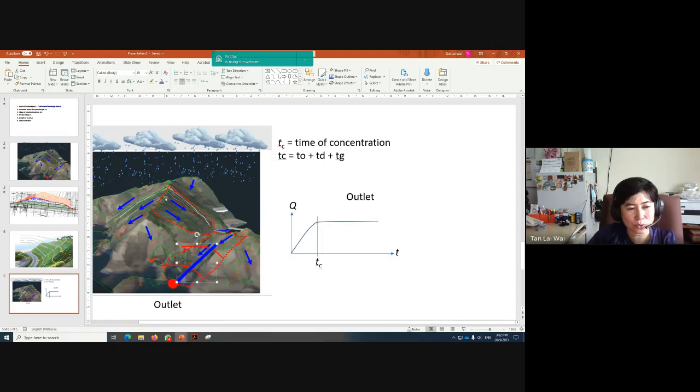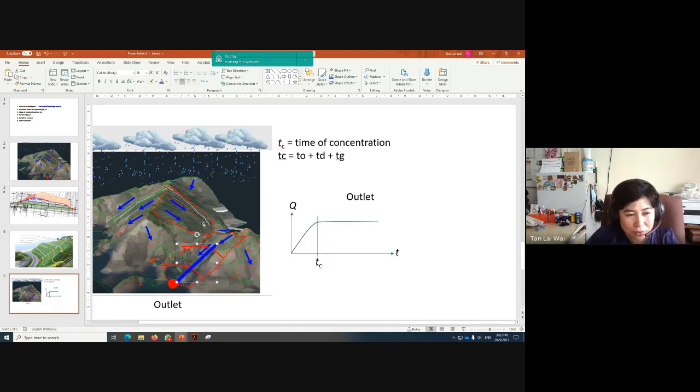So you have to choose a few pathways. You imagine it will flow from the highest ground into the river, then you consider T naught and TD. Or, according to the topography, it will flow along the drain but never go into the river, so you have 100% T naught.